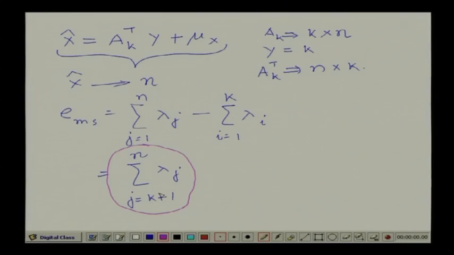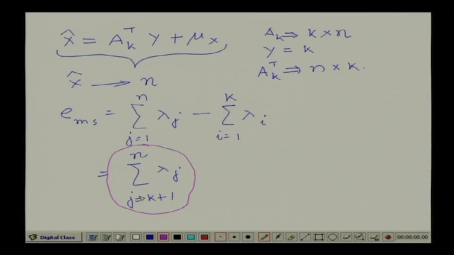And in this particular expression, the mean square error is given by the sum of those eigenvalues whose corresponding eigenvectors was not considered for formation of our transformation matrix A.